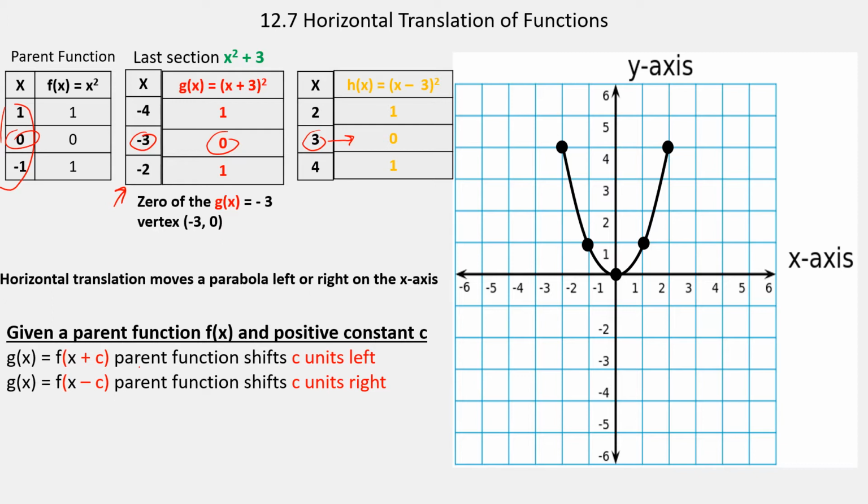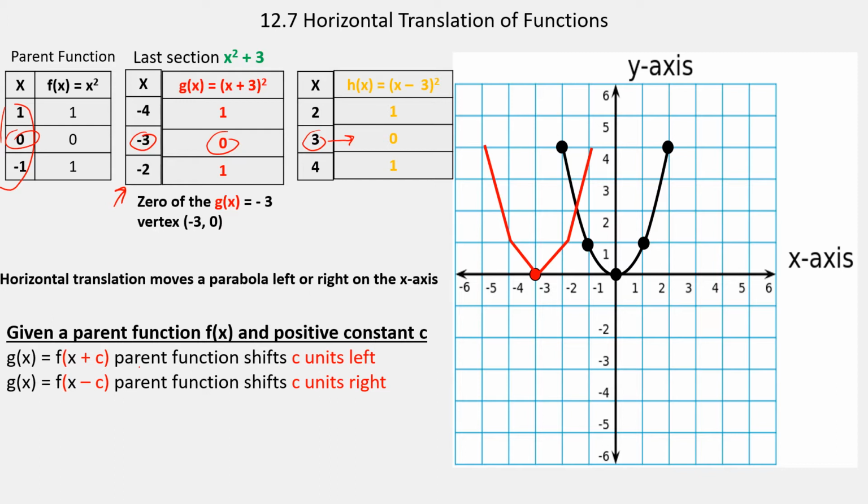But since we're using the translation method, if you learn the translation method, then you don't have to plot these points. So here's what happens when we have the original parent function, which is graphed. Now I'm going to graph g of x, the red function. First of all, I'm going to put in that vertex, and then I'm going to go ahead and plug in my graph.